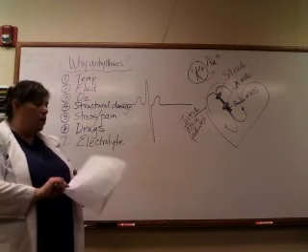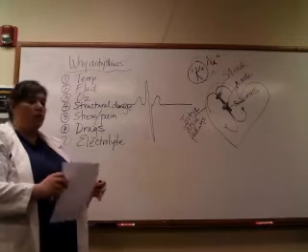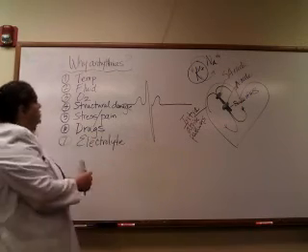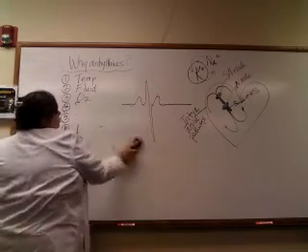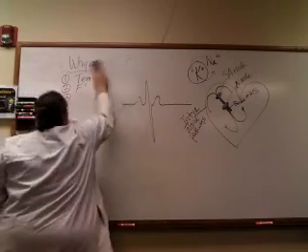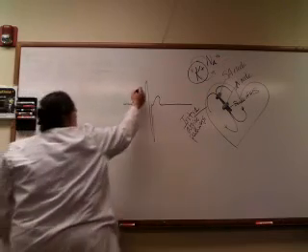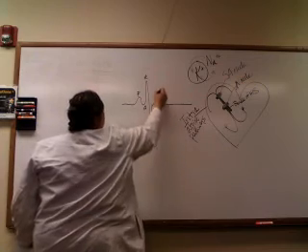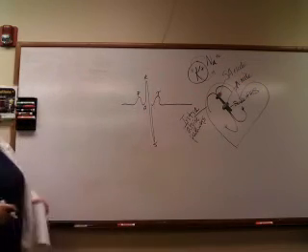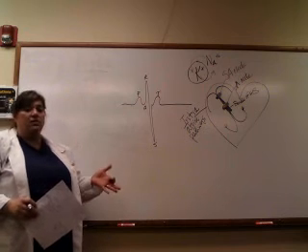Okay, so that's all the basic information except for the waves themselves. So if you think of the waves, just want to remind you what letters they are. So we have our P wave, our QRS, and our T wave. And so the P wave is the atrium stimulation.